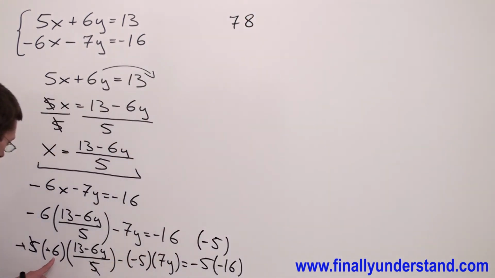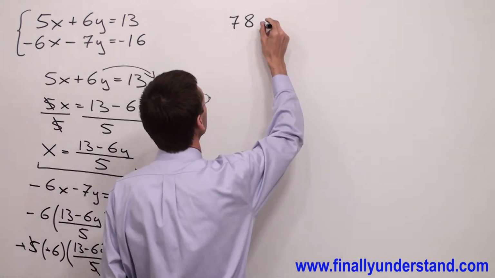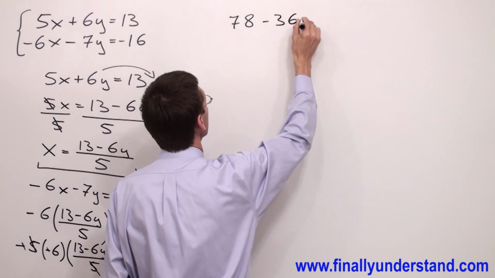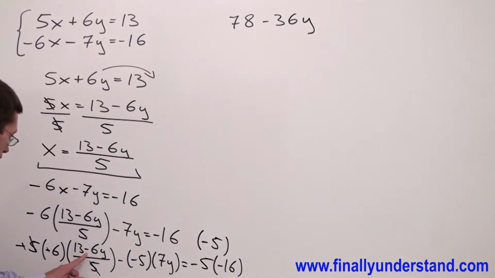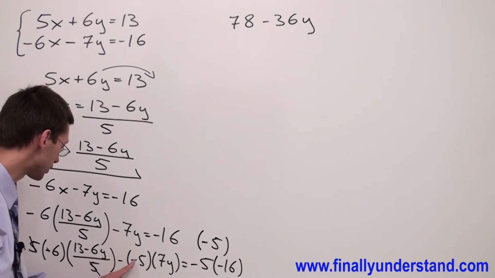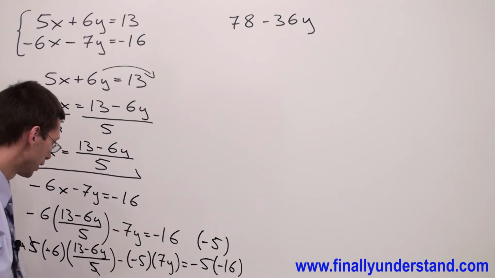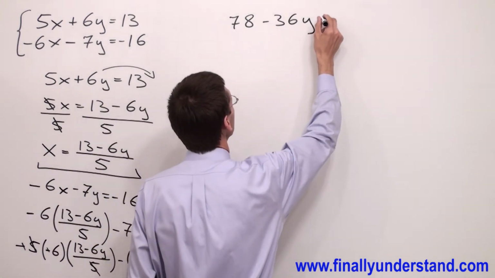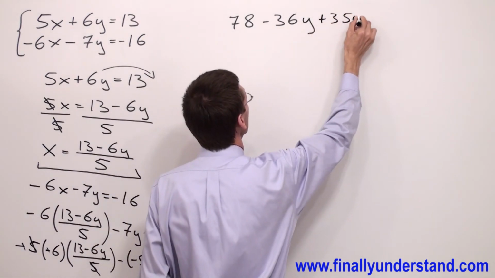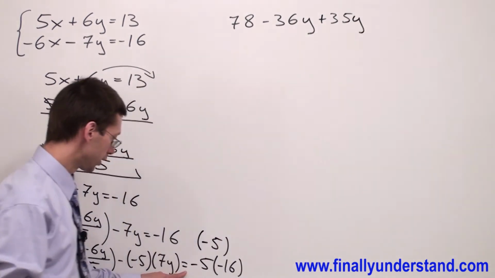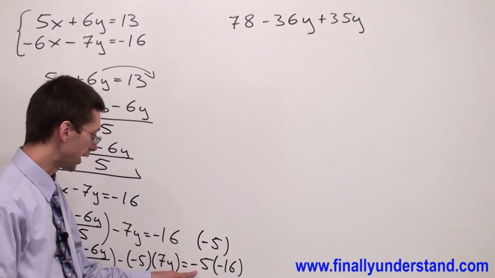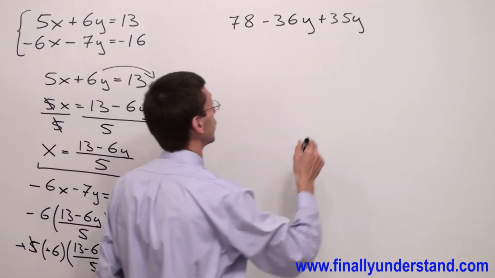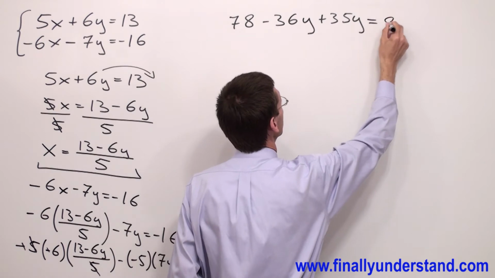I have 6 times negative 6y, which gives me negative 36y, and negative times negative gives me positive. 5 times 7y is equal to positive 35y, equals negative 5 times negative 16, which is equal to positive 80.